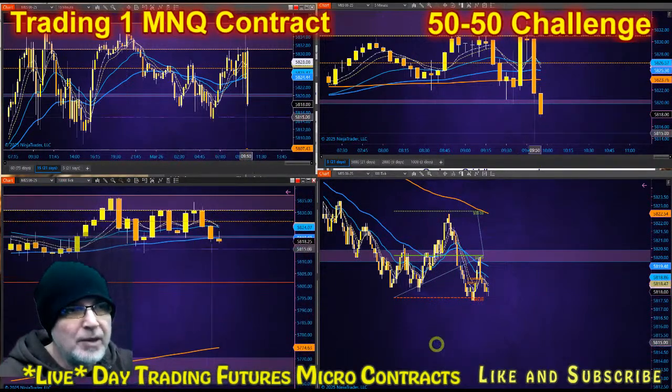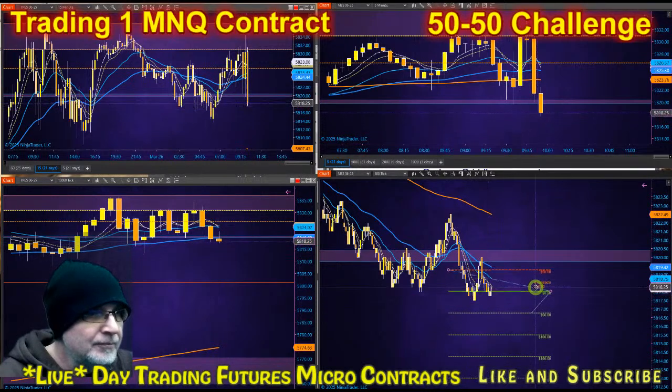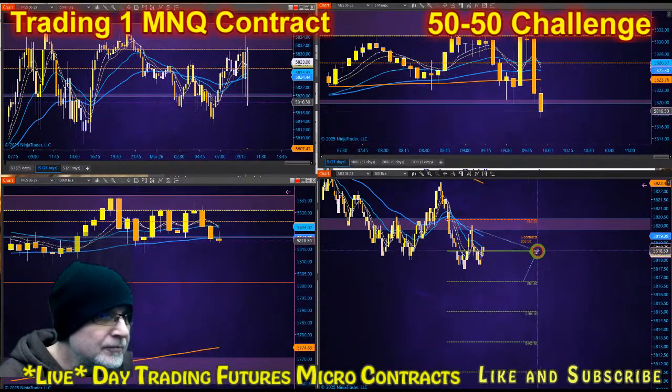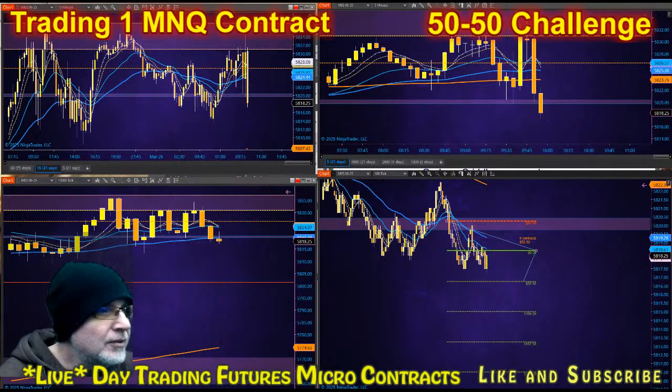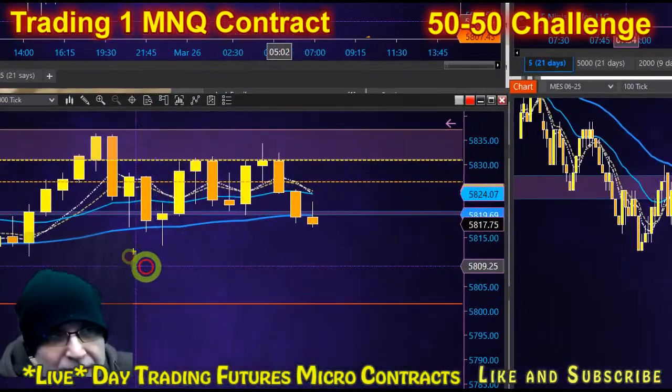Yeah, I could see why people would give it a try though. That'd be my next try, sell market. But look, selling right into this pintail right here.